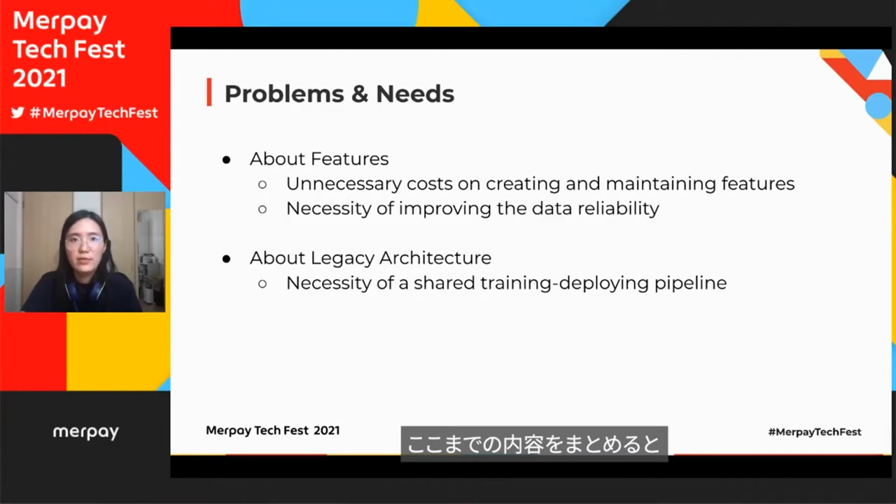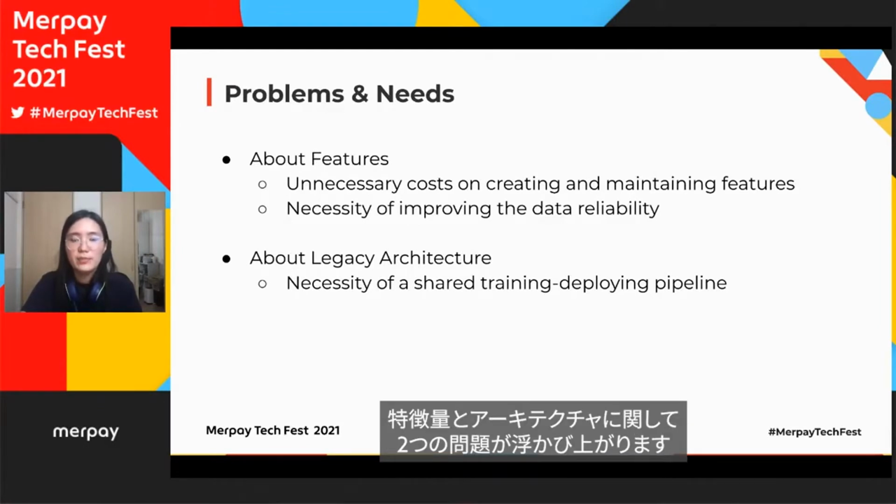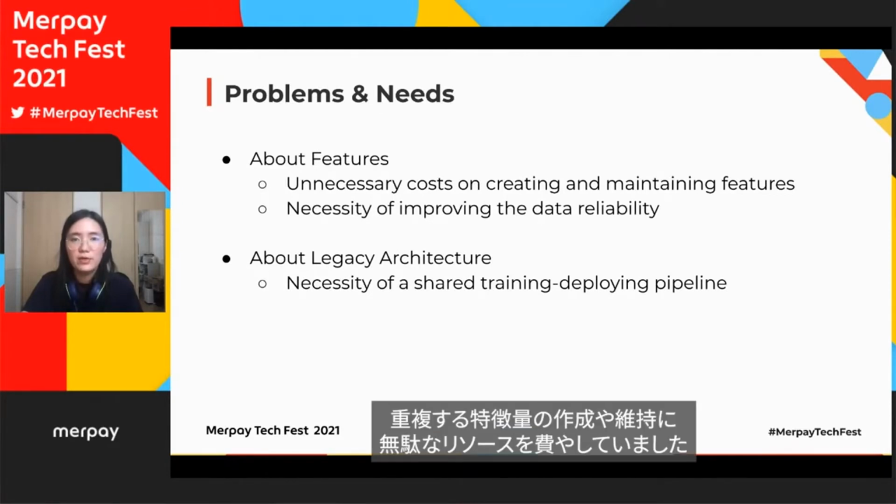By summarizing what we discussed so far, two main problems about features and architecture are coming out. For features, we spend unnecessary resources on creating and maintaining duplicated features.